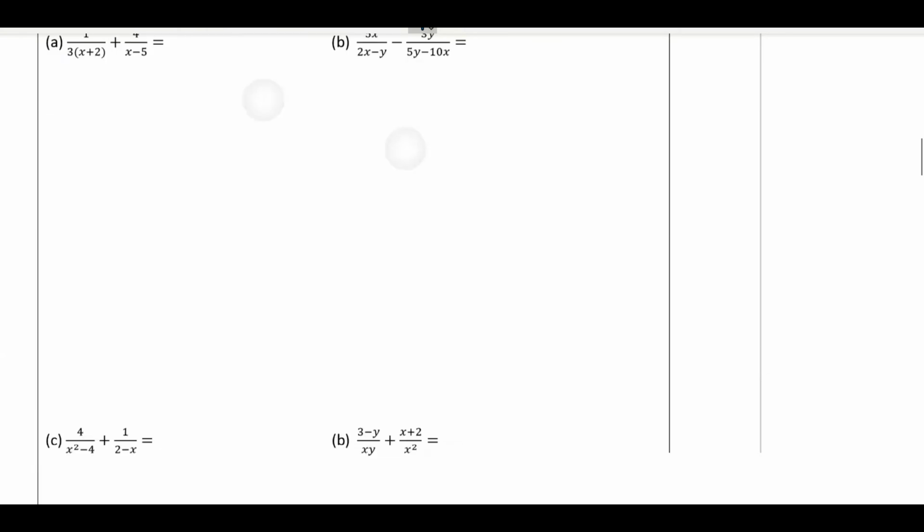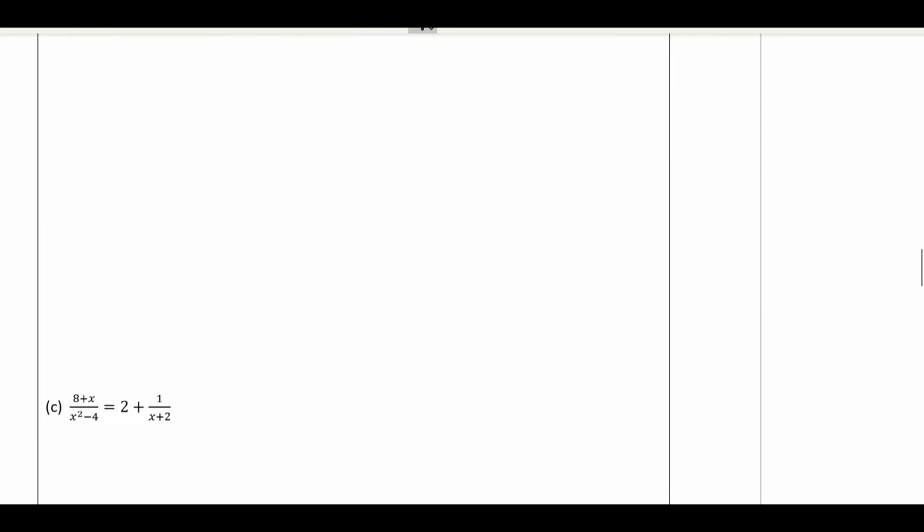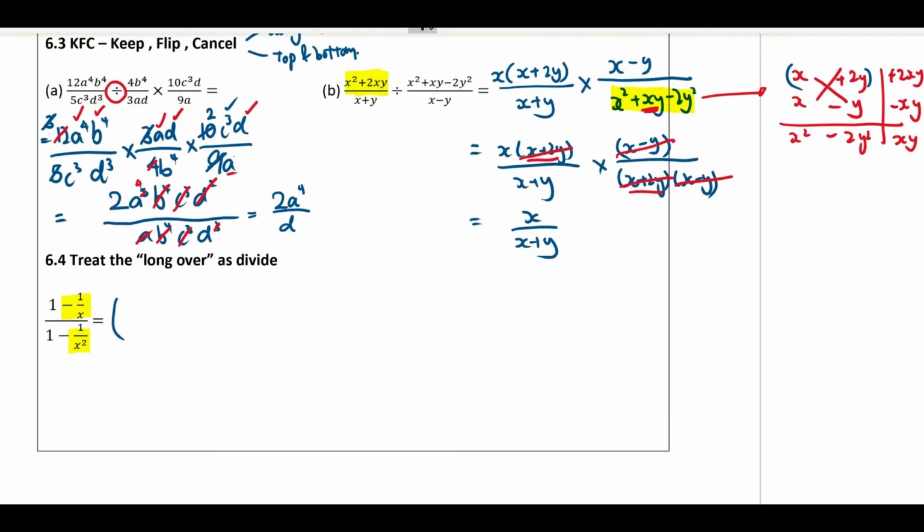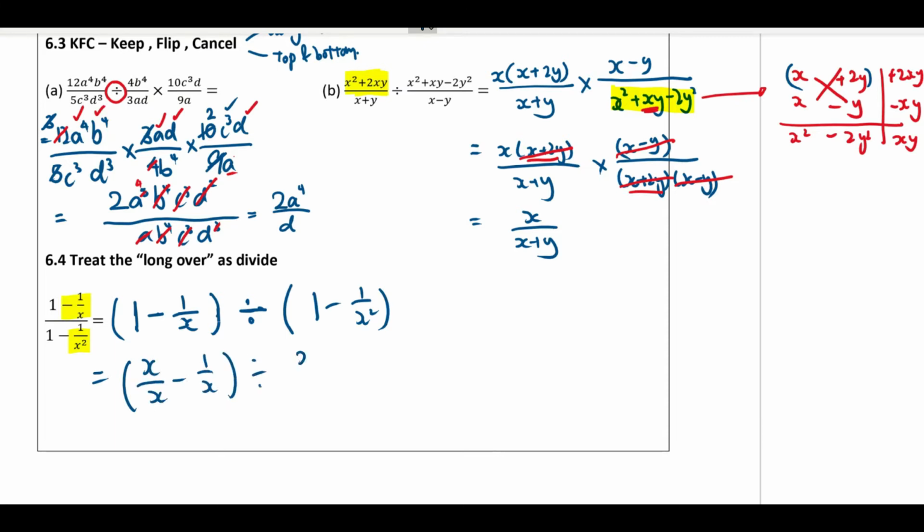So this is 1 minus 1 over x, divided by 1 minus 1 over x squared, because when you do over, it's called divide. Then form a common denominator. This is x over x minus 1 over x, because 1 is x over x, divided by x squared over x squared minus 1 over x squared.